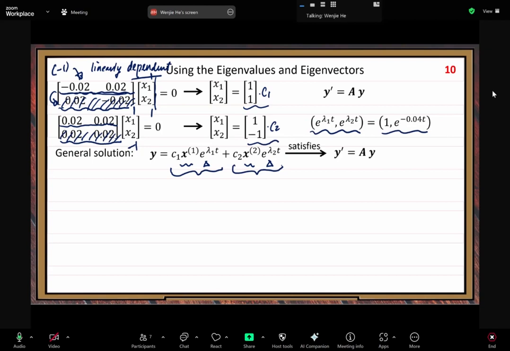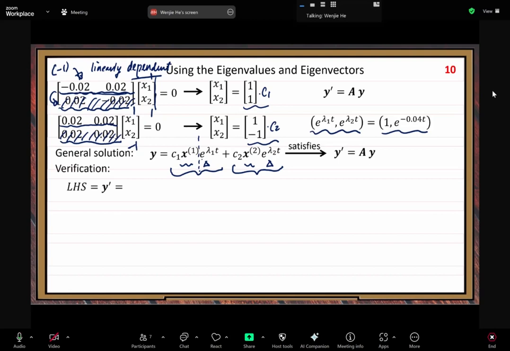But when you take the derivative of the first term, the constant part, we do not need to do anything. Constant part, we can factor it out. The first eigenvector, x sup 1, is a constant vector, so we can also take it out of the function. Then we only need to take the derivative on that e function part.